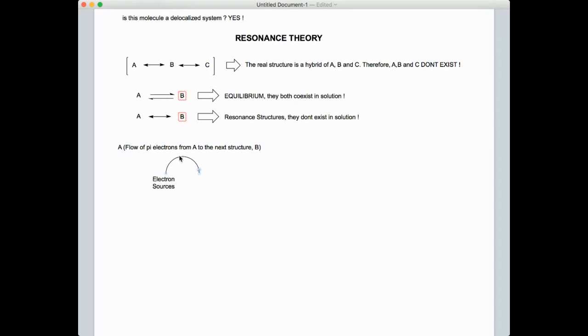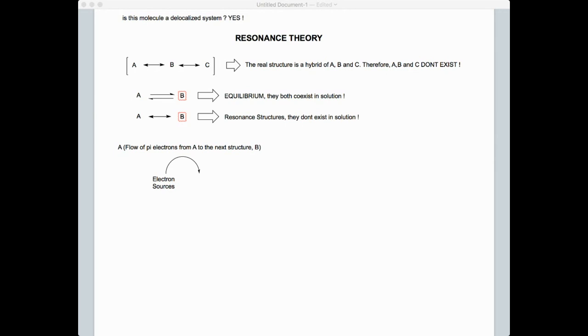In this case, for resonance, the curve arrows are shown to use the flow of pi electrons from one structure to the other. So if the arrow is departing from electron sources, and we are talking about pi electrons, what kind of electron sources can you guys think of? Please type it in the chat.